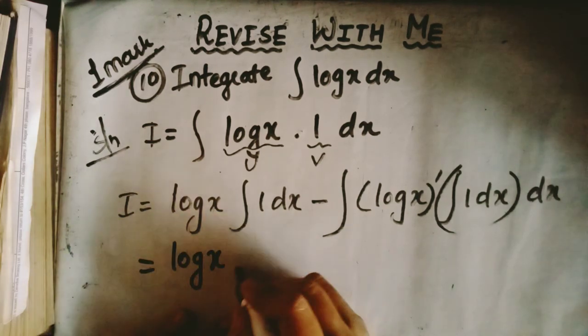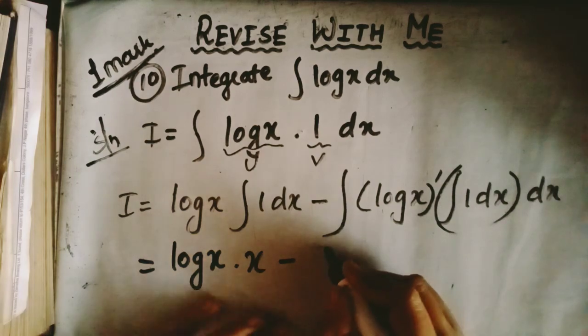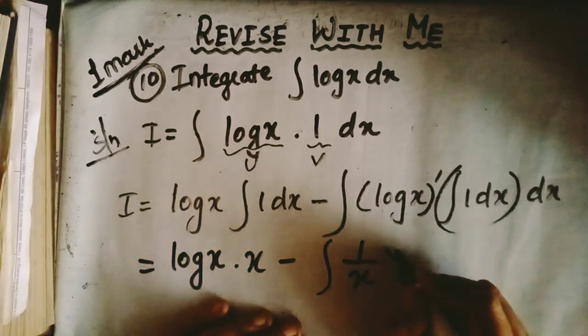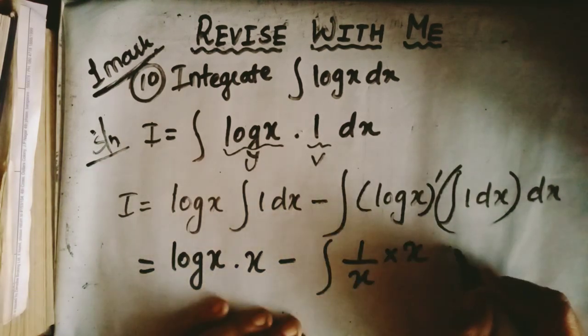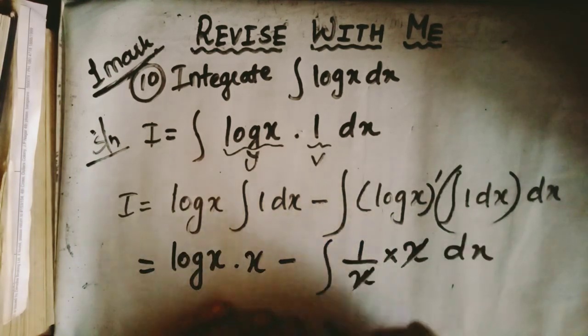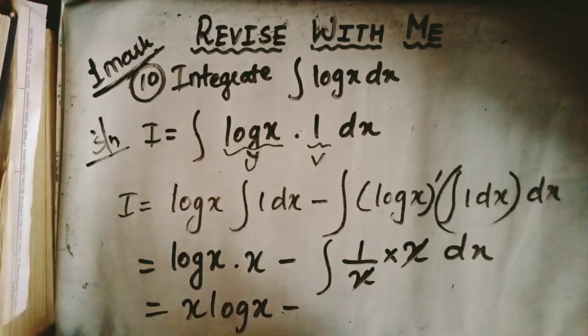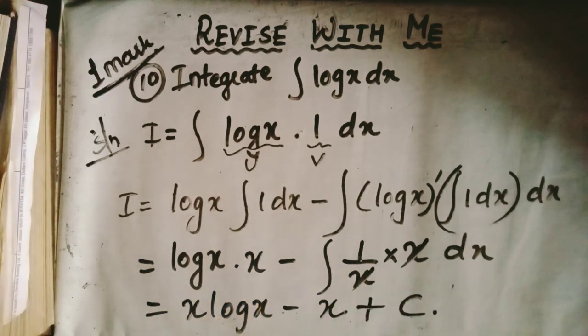Integral of 1 is x, minus derivative of this is 1 by x, integral of this is x, dx. So x log x minus integral of 1 is x plus c. This is the answer.